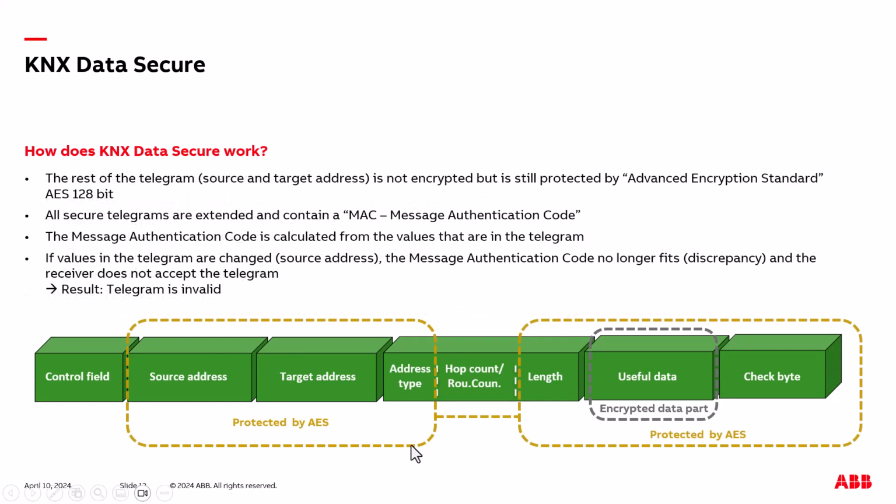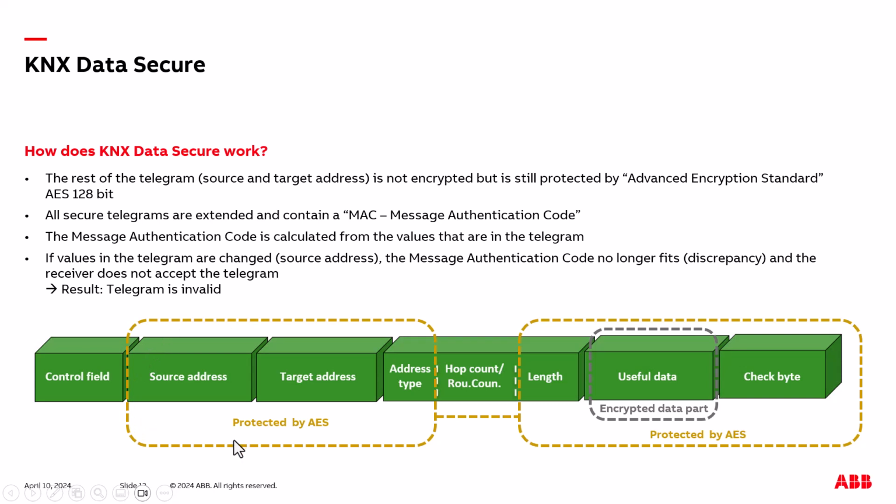But additionally, all this information, the rest of the telegram, our source address and the target address, including the address type bit and the length and the complete useful data, is additionally protected by the advanced encryption standard. So the complete telegram comes with an additional extension, a so-called message authentication code. This message authentication code is calculated from the values in our telegram.